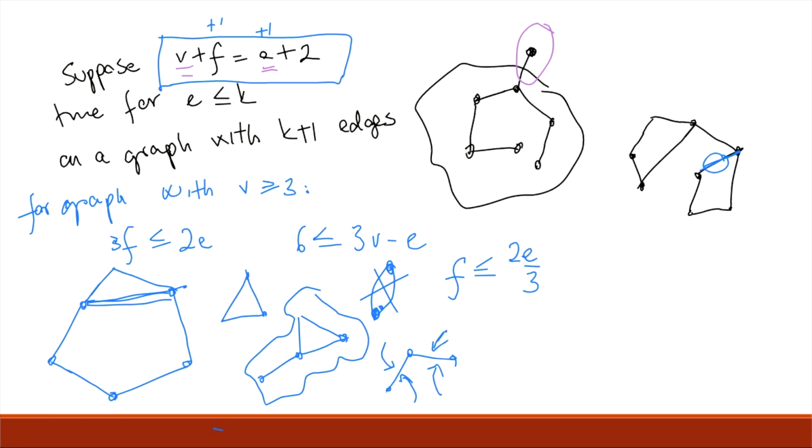So we can see that F is at most 2e over 3, or if you want to multiply up, 3f is less than or equal to 2e. So this is only true for connected planar graphs.